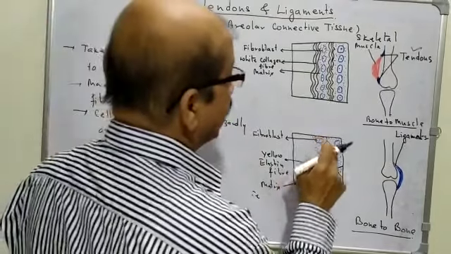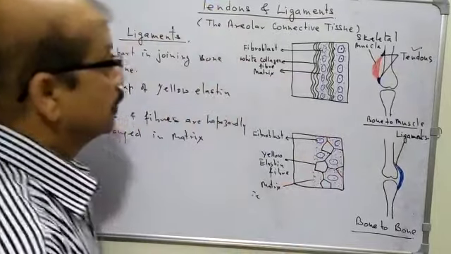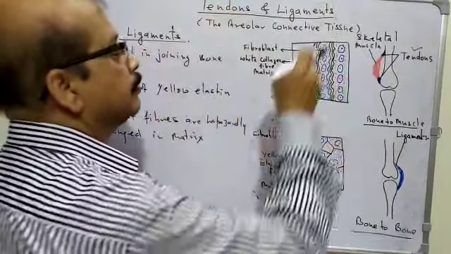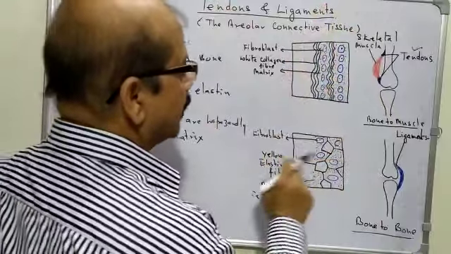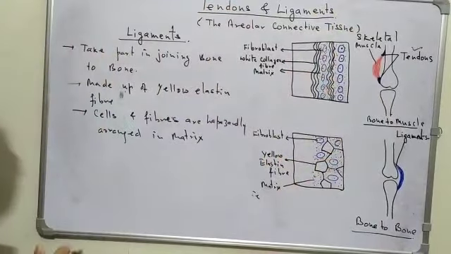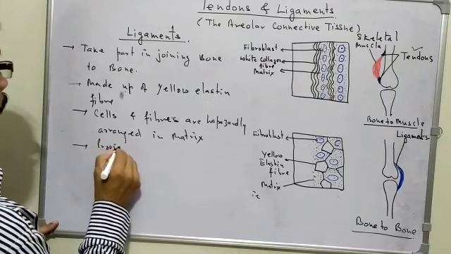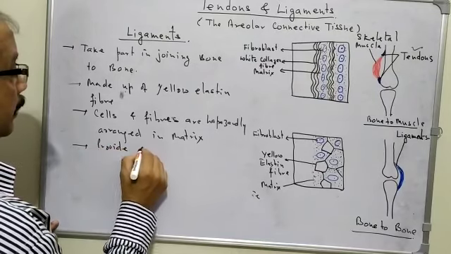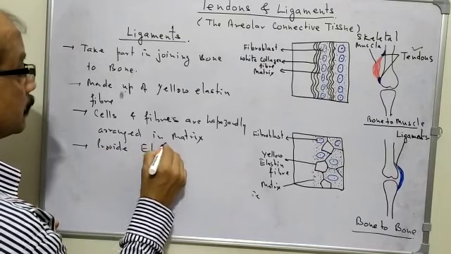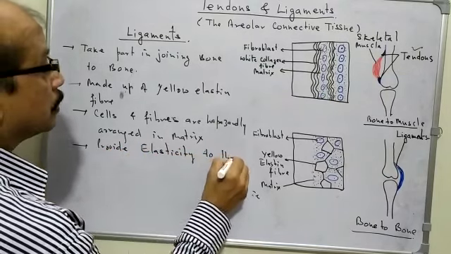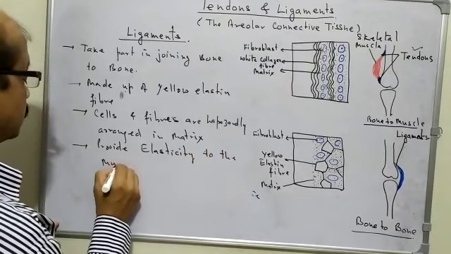So cells and fibers are haphazardly arranged, not like this, where they are parallelly arranged. They provide elasticity to the muscle.